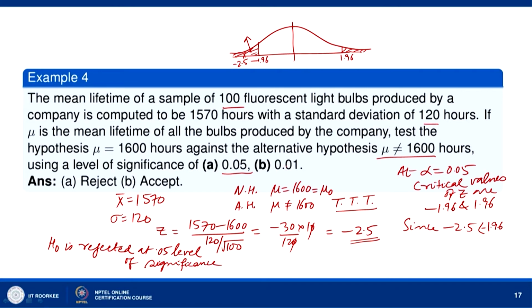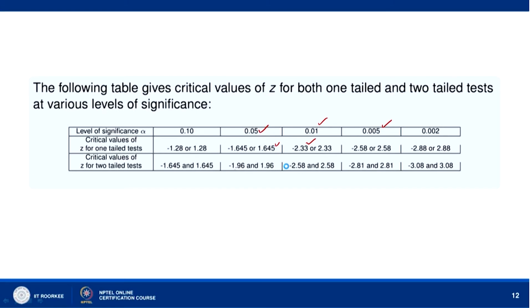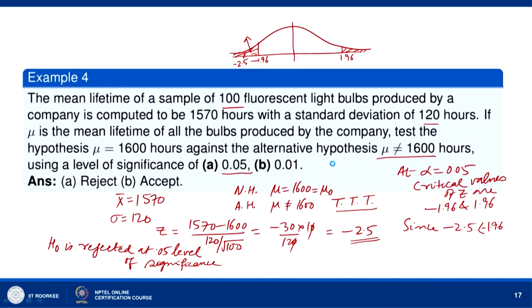Now, if I take 0.01, then what happens? At 0.01, the values of Z are minus 2.58 and 2.58. So, at alpha equal to 0.01, the critical values are minus 2.58 and plus 2.58.